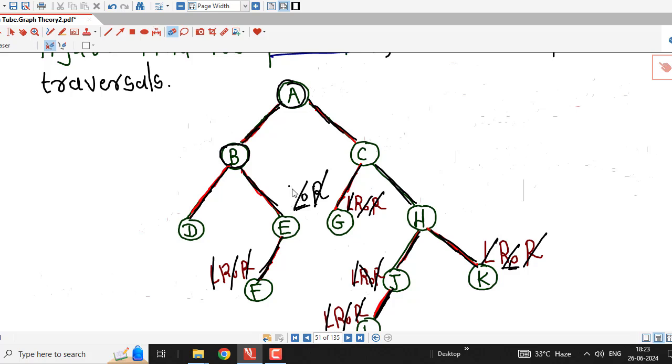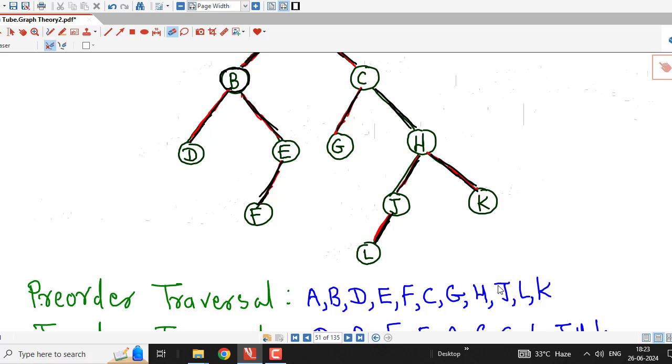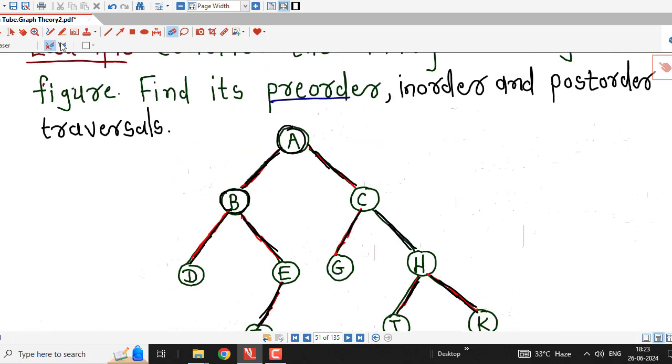So we remember for pre-order, root, left and right. For in-order, we remember left, root and right. And for post-order, we remember left, right and root. So now finally we are considering this post-order.